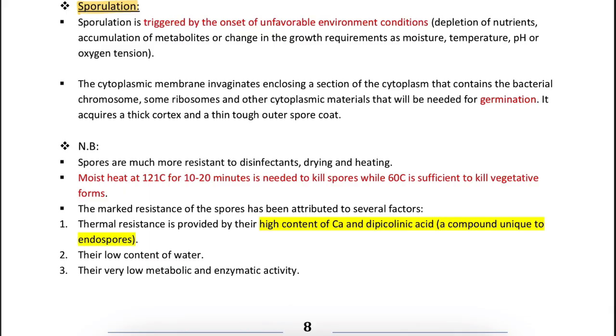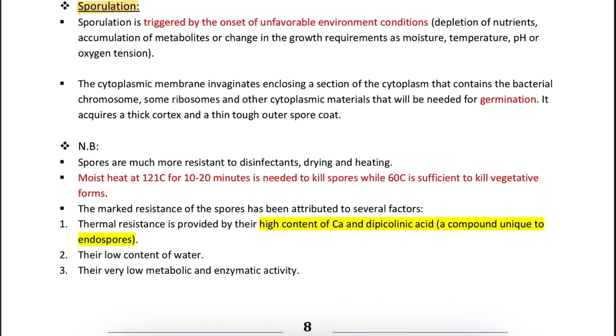The key structures inside the spore are DNA, ribosomes, and dipicolinic acid with calcium, which contributes to thermal resistance, and low water content gives resistance to drying.